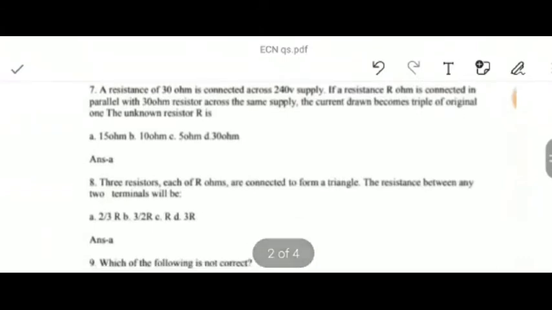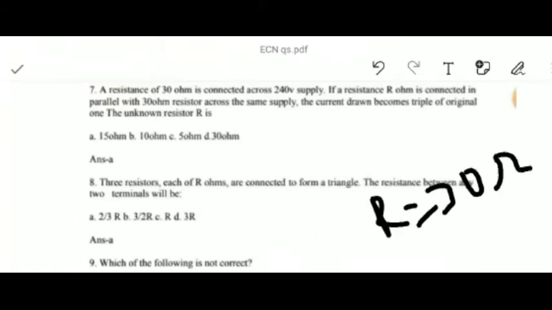Now in the seventh question, a resistance of 30 ohm is connected across a 240 volt supply. If a resistance R is connected in parallel with the 30 ohm resistor across the supply, the current drawn becomes triple of the original one. The unknown resistor R is given. R is 30 ohm and V is 240 volt, and it is connected in parallel with a 30 ohm resistor.